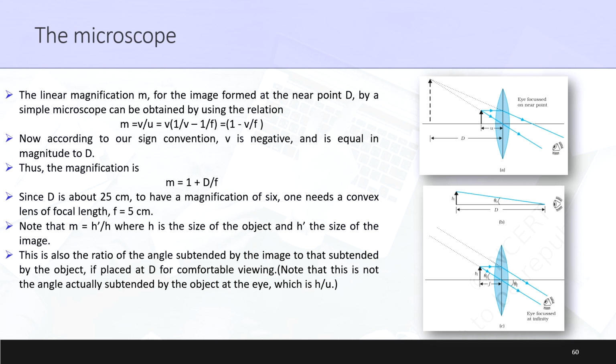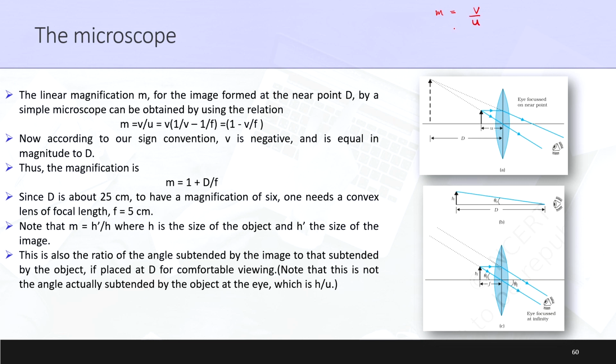First of all, we will try to find out the linear magnification value m. The linear magnification m for the image formed at the near point capital D by a simple microscope can be obtained by using the relation. Now we are finding the actual relation here. m is equal to v by u.